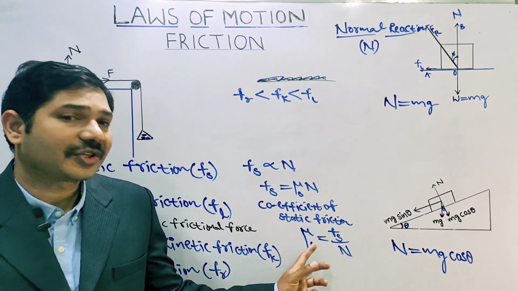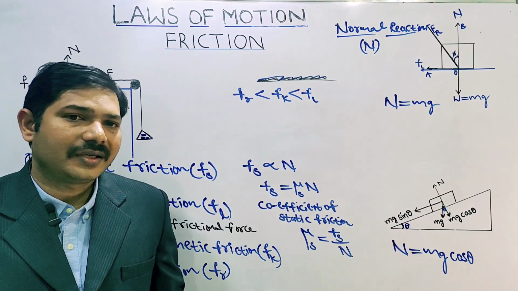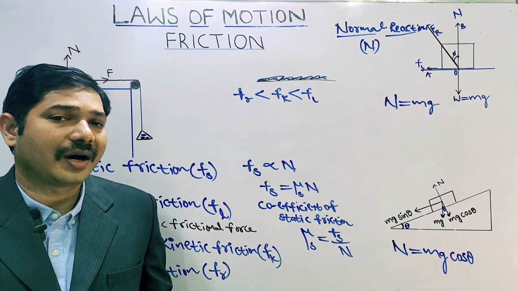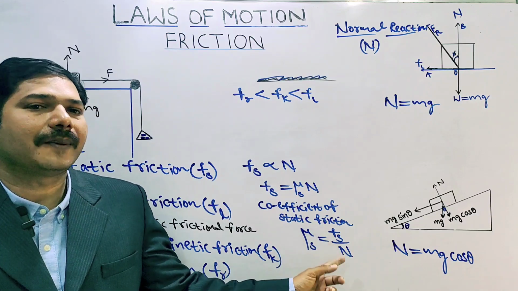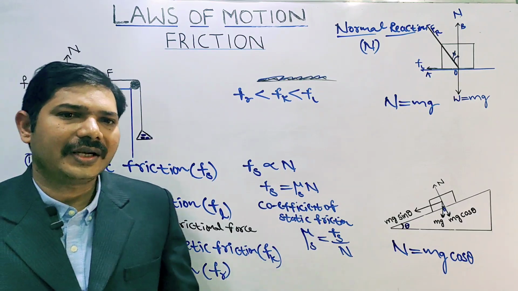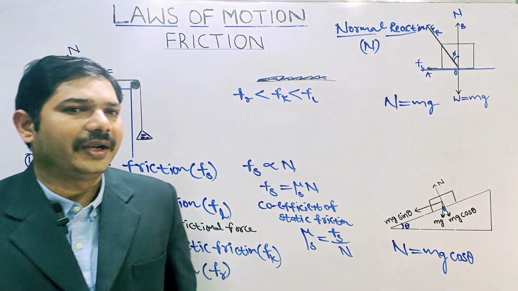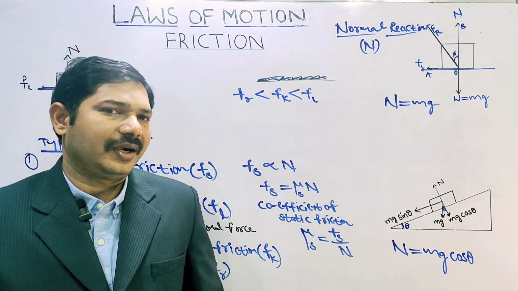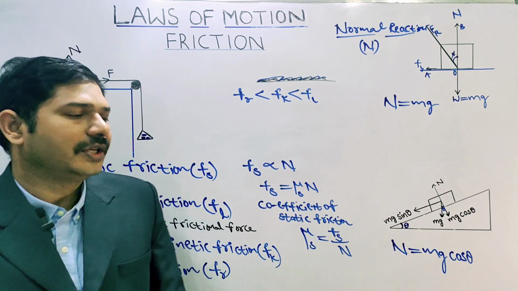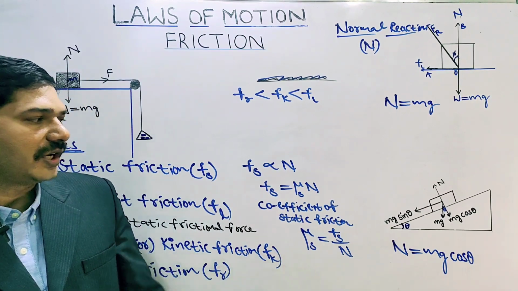This coefficient of static friction does not have any units or dimensions, because it is a pure ratio. That is the coefficient of static friction.